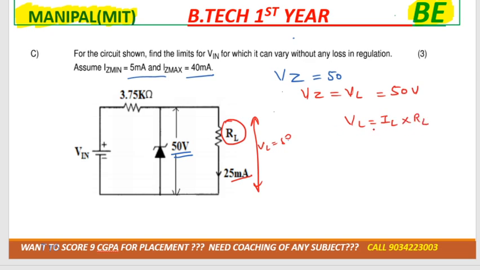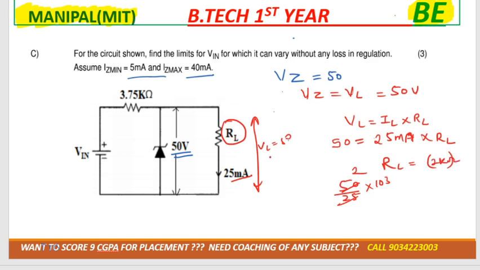So this is only one value, not minimum and maximum, so everything will not vary. Okay, so VL is 50 and this is 25 milliampere. So you will get the resistance RL in kilo ohm, right? You will get some particular value. So 50 by 25 into 10 raised to power 3, correct? So you will get 2 kilo.